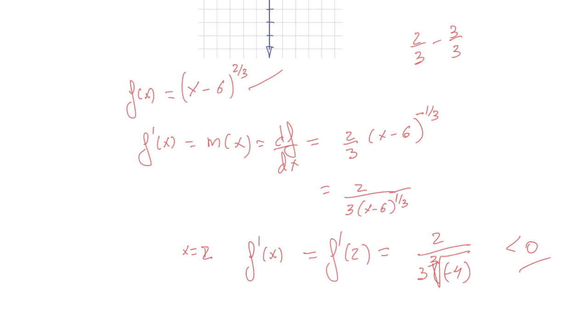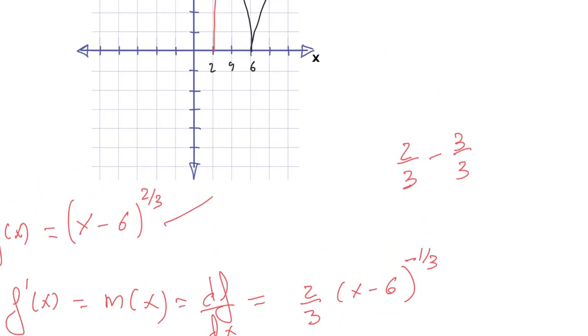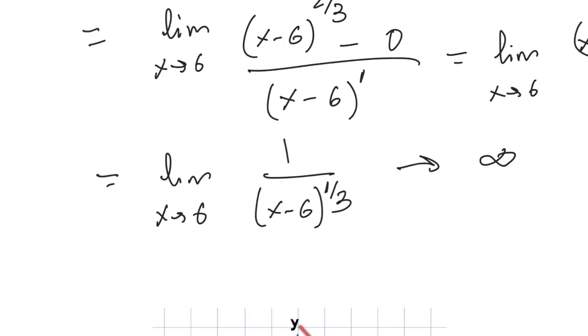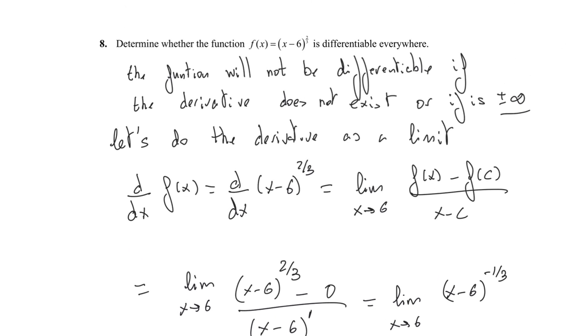It will not go to a fixed number, and so this function is differentiable everywhere except at the point x equals 6, where it has a vertical slope. It has an infinite slope, so the derivative doesn't exist. Okay, let's go to the next problem.